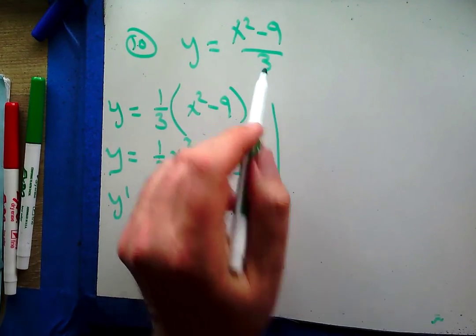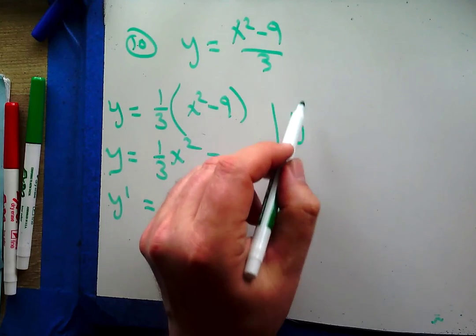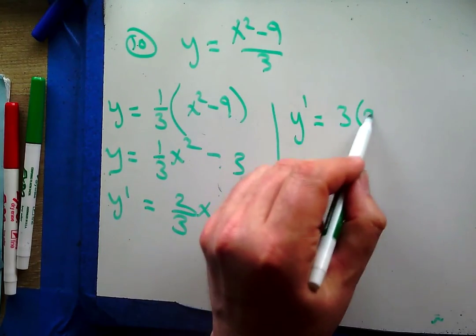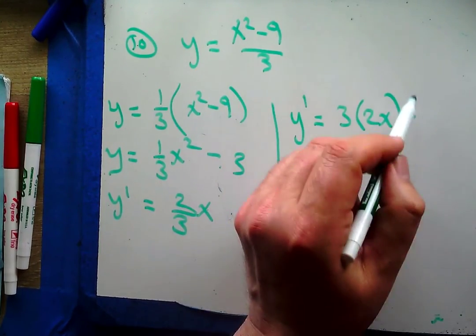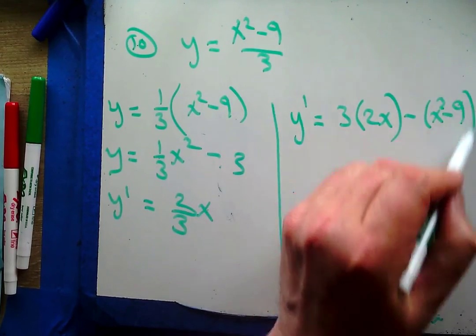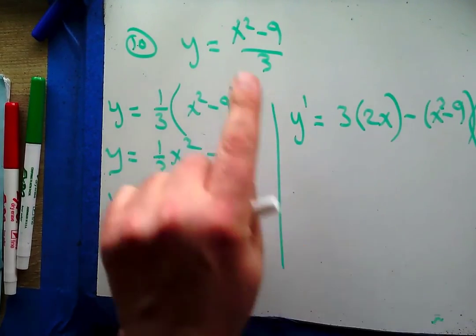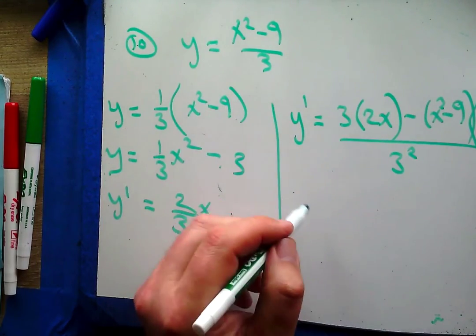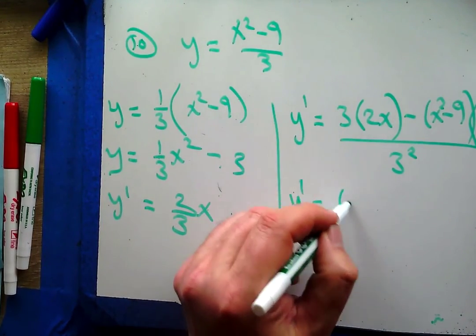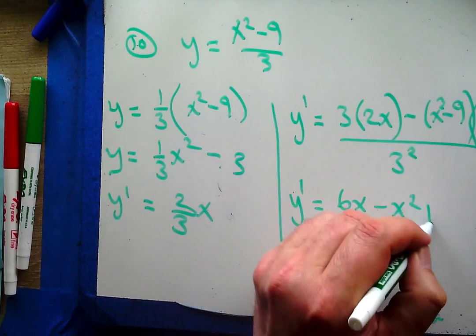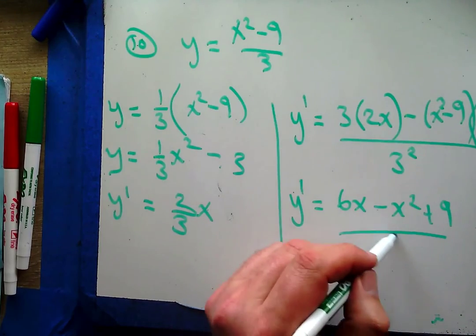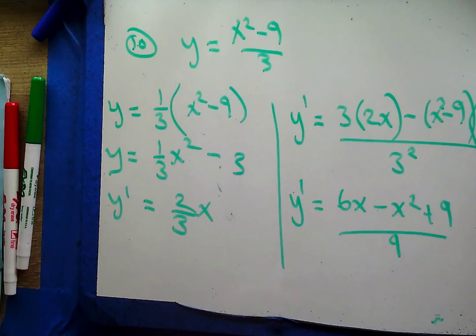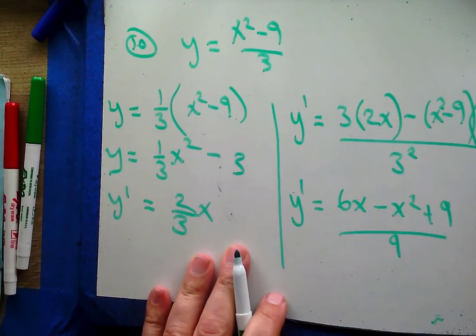Some people, though, insist on using the quotient rule here, so y prime could be low d high minus high d low. The derivative of the constant is 0, all over low squared. So then this y prime is going to be 6x minus x squared plus 9 over 9. And that's not the same. Huh.